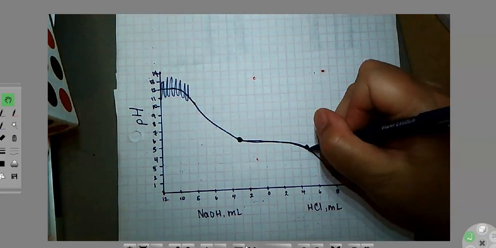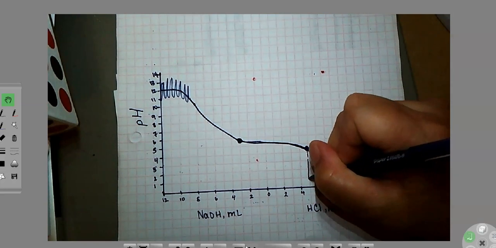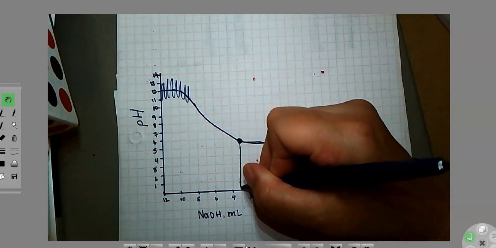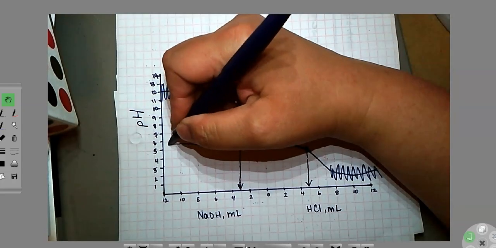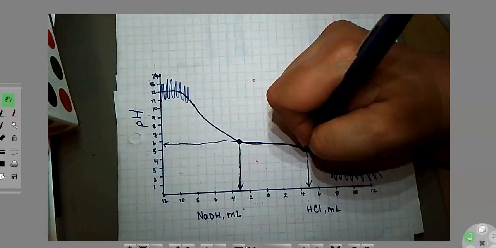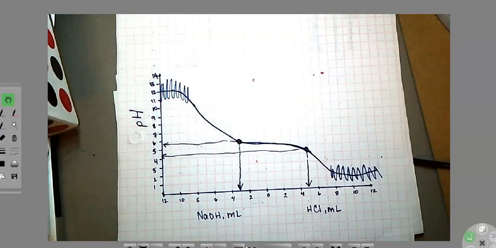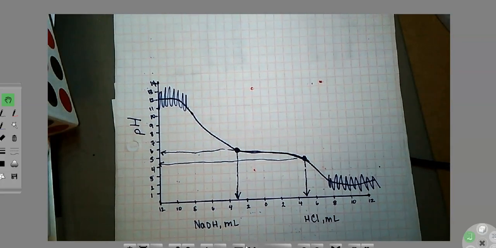And then what we're going to do is draw from the points to our x-axis and then out to the y-axis. Okay, so this graph is not very good looking. Yours will look better than this.